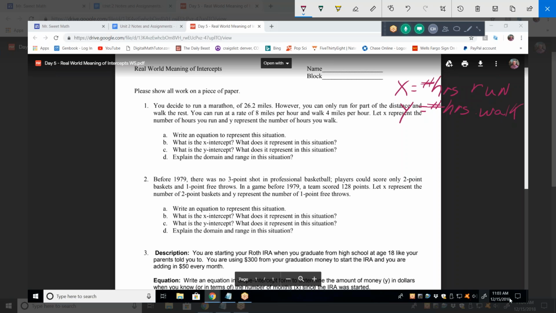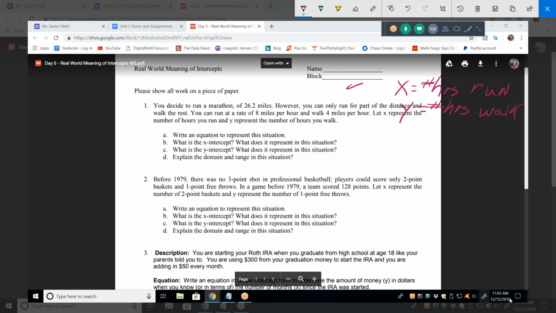So it's not always clear. So that's why I say it's really important to spell these out. X is the number of hours that you run. Okay.